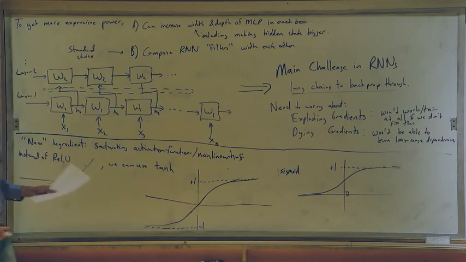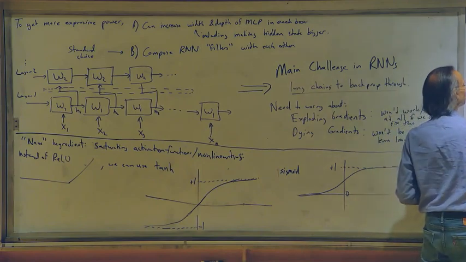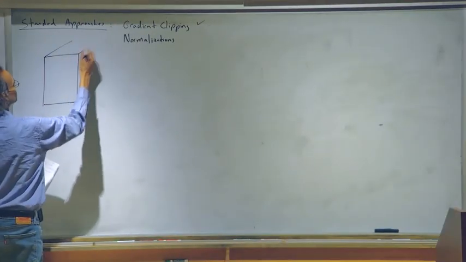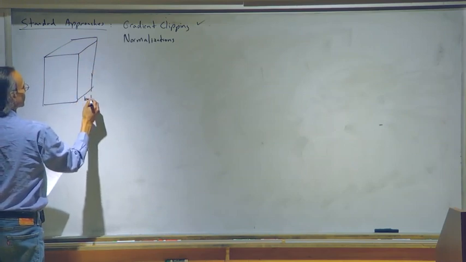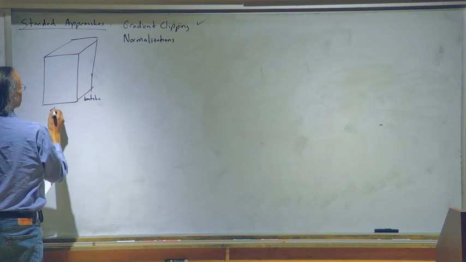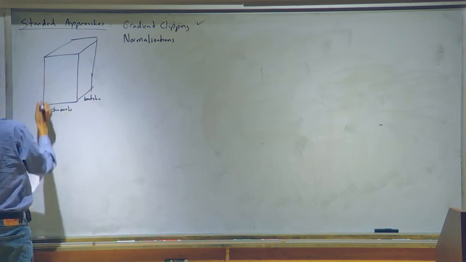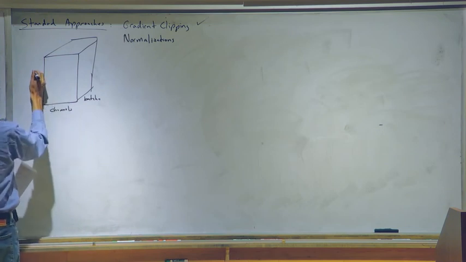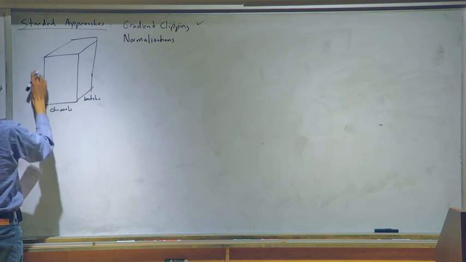And so in this picture, if you think about the classic layer norm picture, this box, batches, channels, and this is an image. This is height, width, these are pixels in an image.